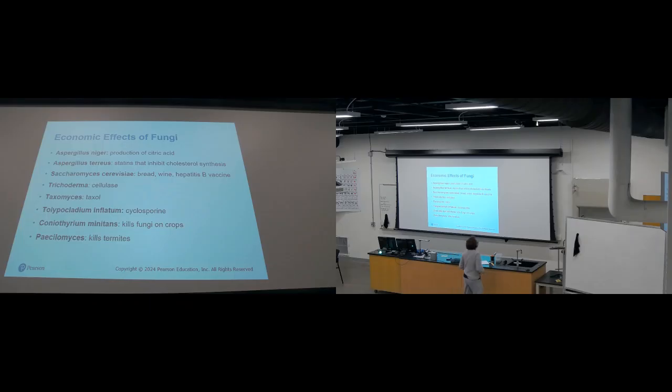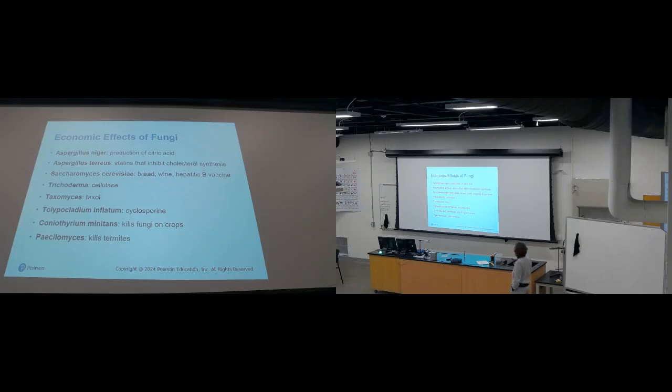So, economic effects of fungi. Well, Aspergillus niger, although it can cause allergies, as any other Aspergillus, I guess, any other fungi species, causes respiratory allergies in persons. Aspergillus niger is actually used for producing citric acid, which is used in the food industry to preserve foods.